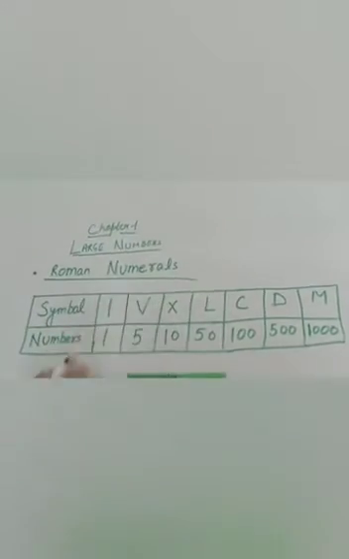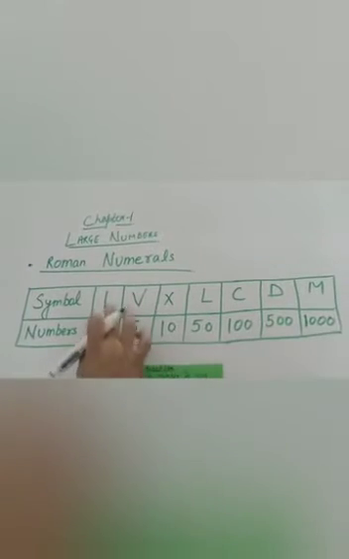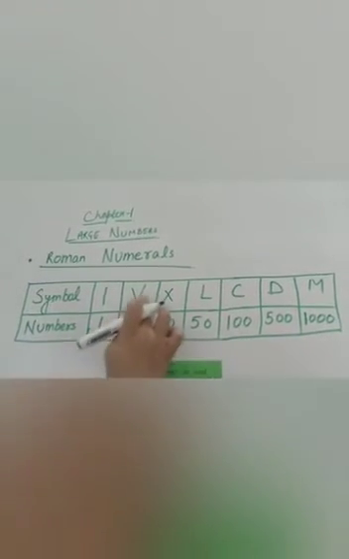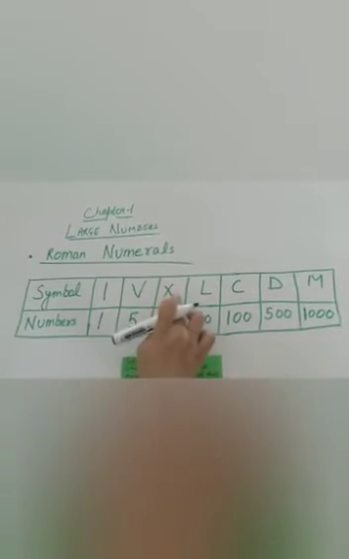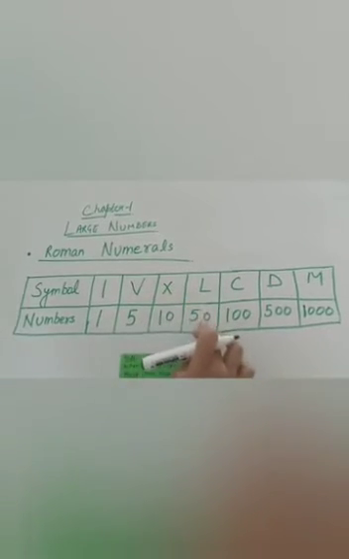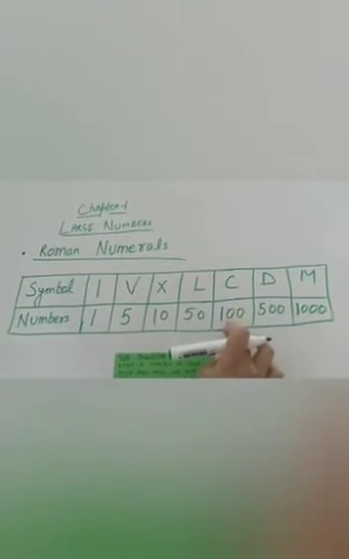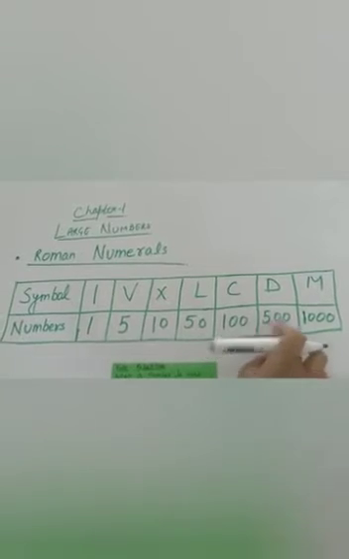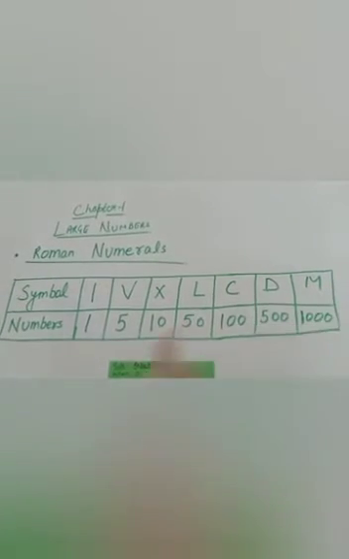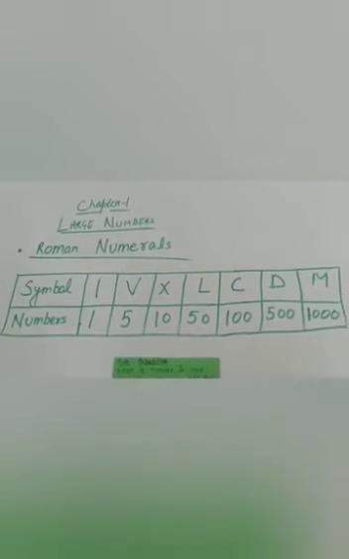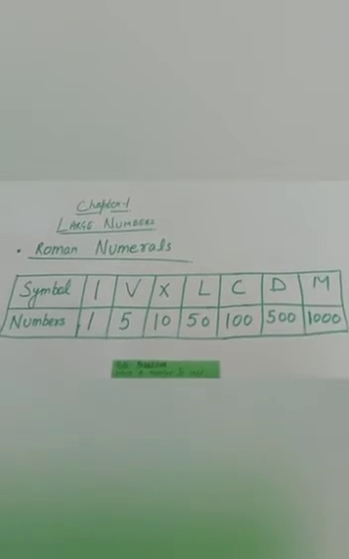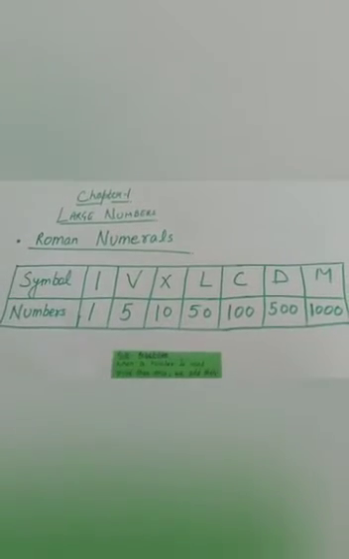In Roman numerals, we have 7 symbols. I represents 1, V is 5, X is 10, L is 50, C is 100, D is 500, and M is 1000. We need to remember some rules while writing Roman numerals.